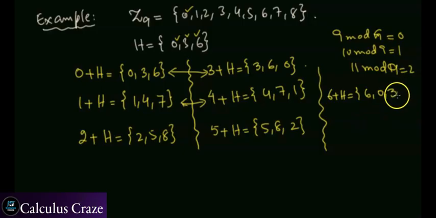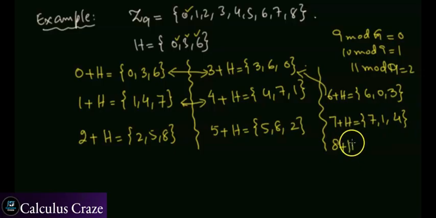So this set is again similar to this. Similarly 7 plus H will be 7, 1, and 4. And 8 plus H will become 8, 2, and 5. So these are similar. This is how you find the cosets.